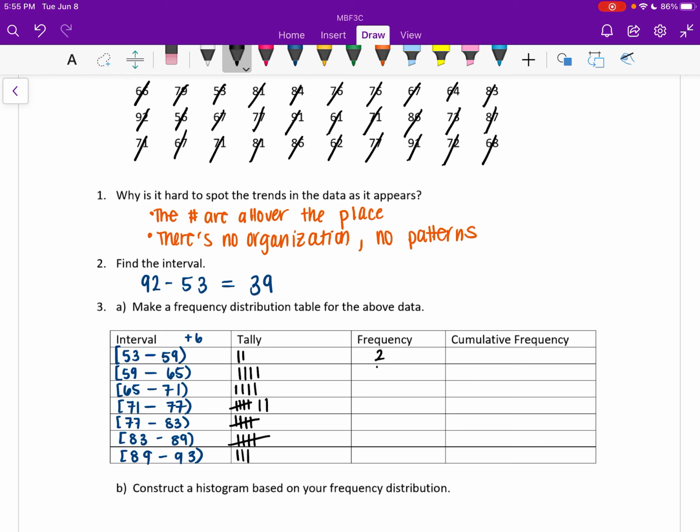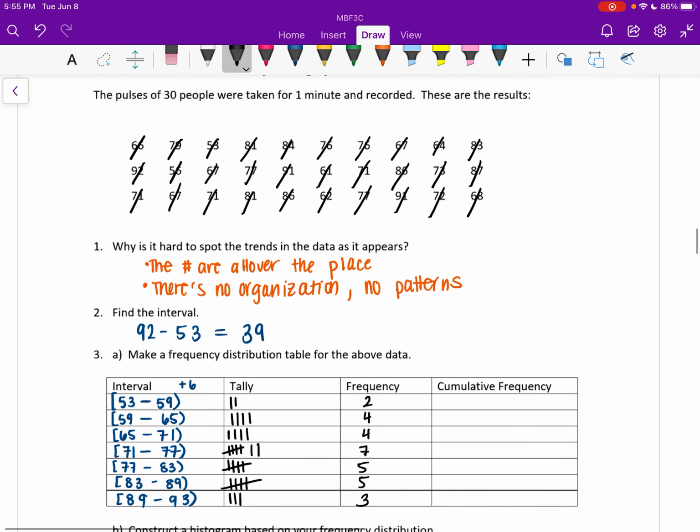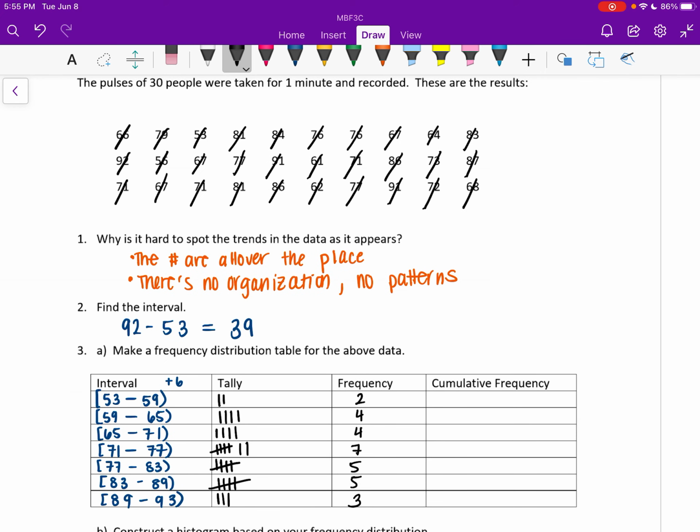Okay, maybe that'll be better. I feel like I ended up with the same numbers. Nope, I got it right this time.